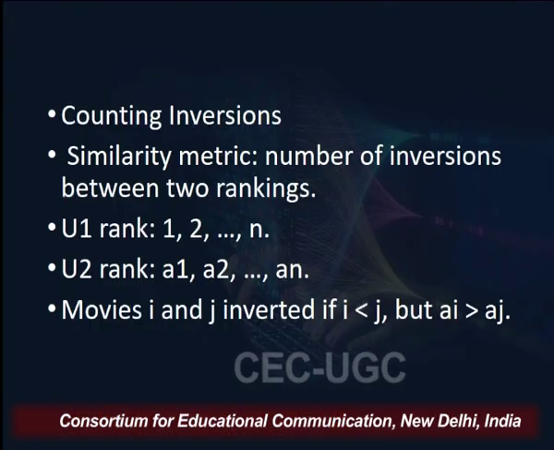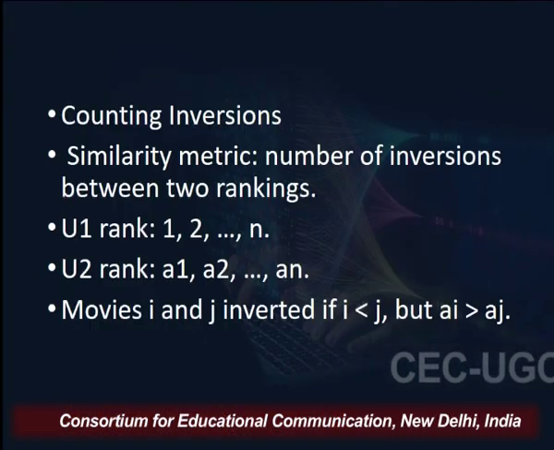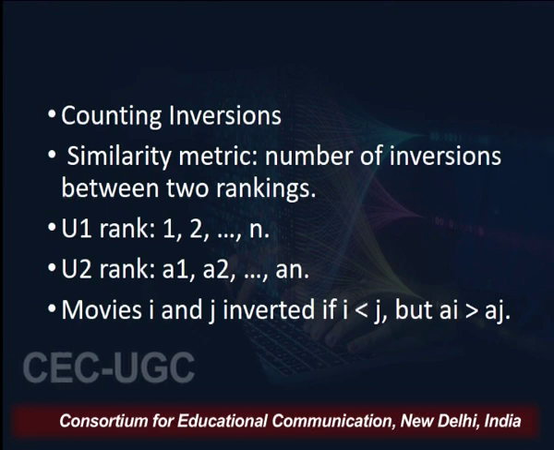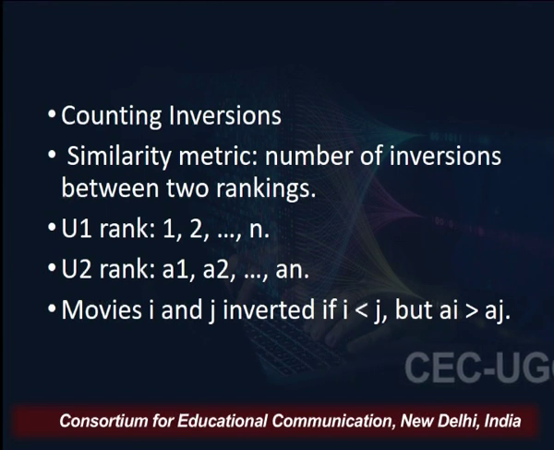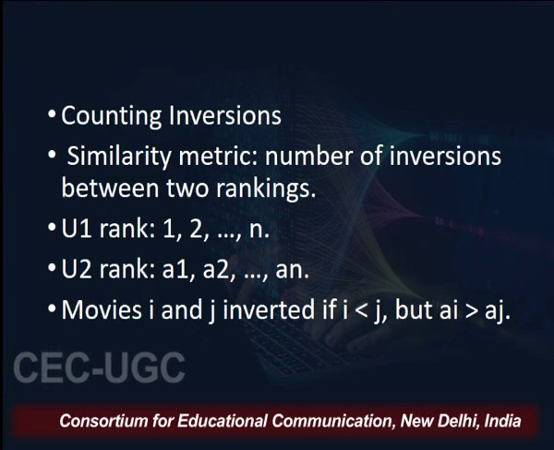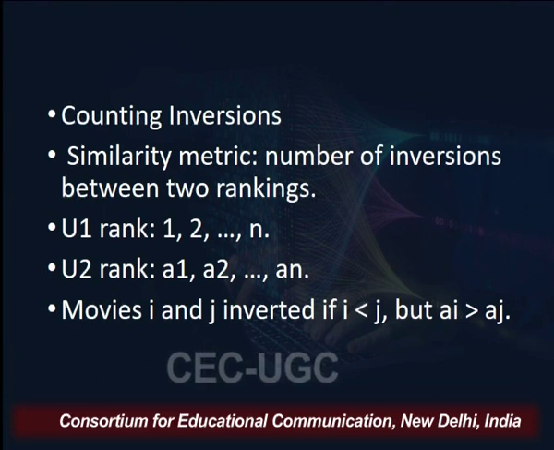Let us say we are going with movie ranking. User 1 has ranked some movies 1, 2, 3, 4 till n, and user 2 has ranked A1, A2 till An. Now we want to find how similar these rankings are.